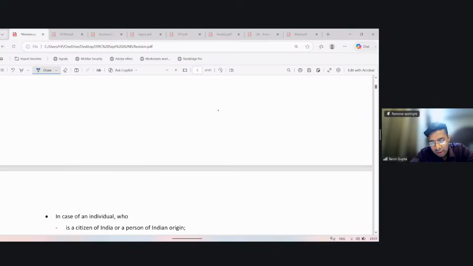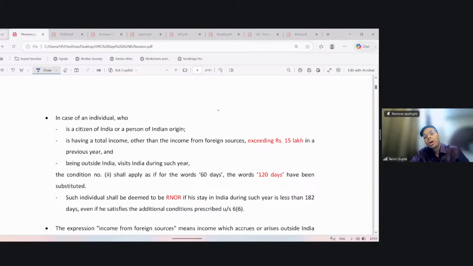However, if the total income other than income from foreign sources of such person exceeds 15 lakh, then such person shall be deemed to be resident if he is in India for 182 days or more during the relevant previous year, or he is in India for 120 days or more during the relevant previous year, and 365 days or more during 4 years immediately preceding the relevant previous year.